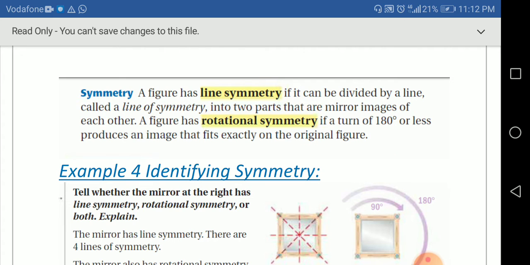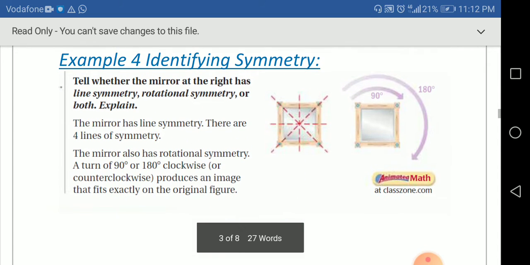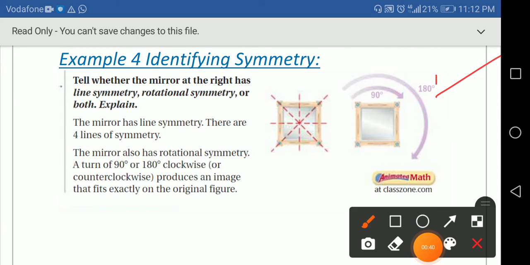So what I need to tell you from this, I want you to look at this example carefully. I have here the question: tell whether this mirror at the right has line symmetry or not, and does it have rotational symmetry, or both of them.